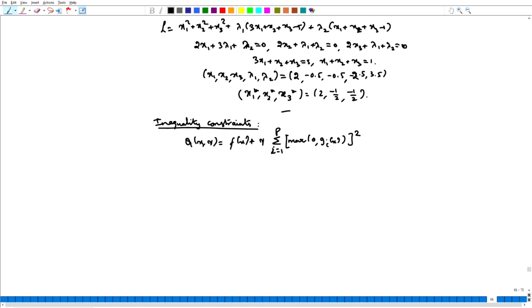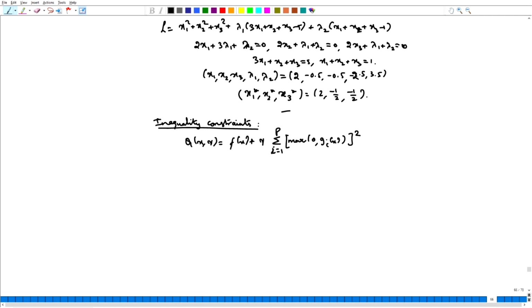Okay. So it is not just like what we had, h j of x the whole squared. You have to take a maximum of 0 and the value of the constraint and then take a square.